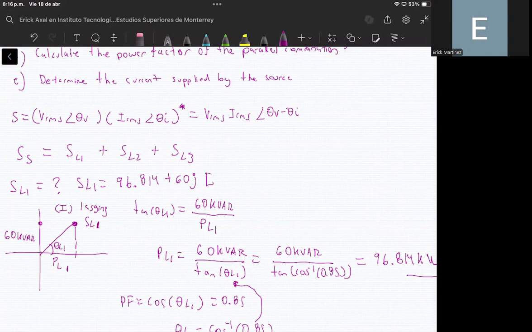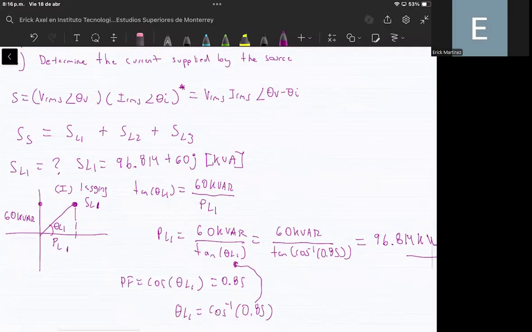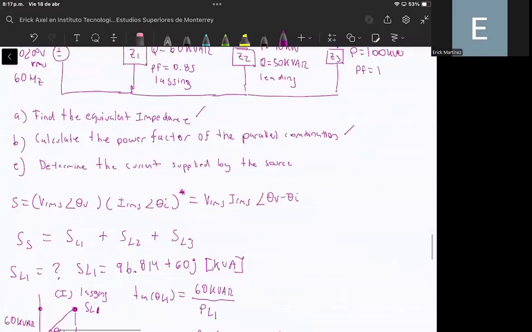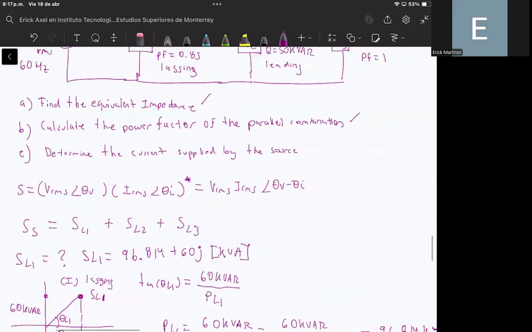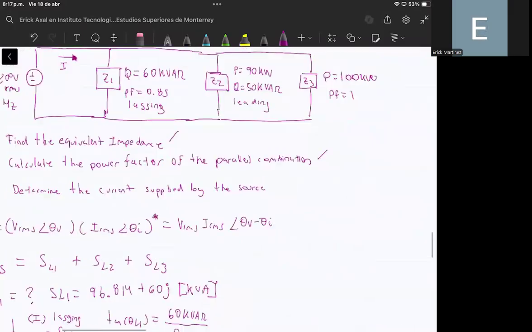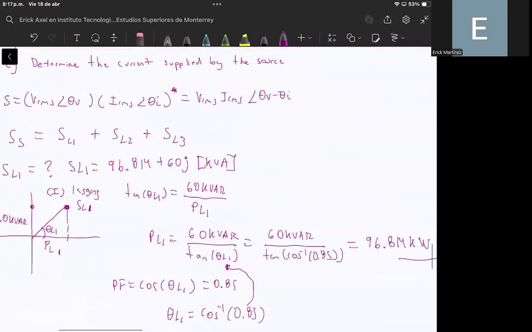We are working with kilobars and kilowatts, so I can express this complex power in kilovolt ampere. This is the complex power of the first load. I can do the same to compute the complex power of the second load.